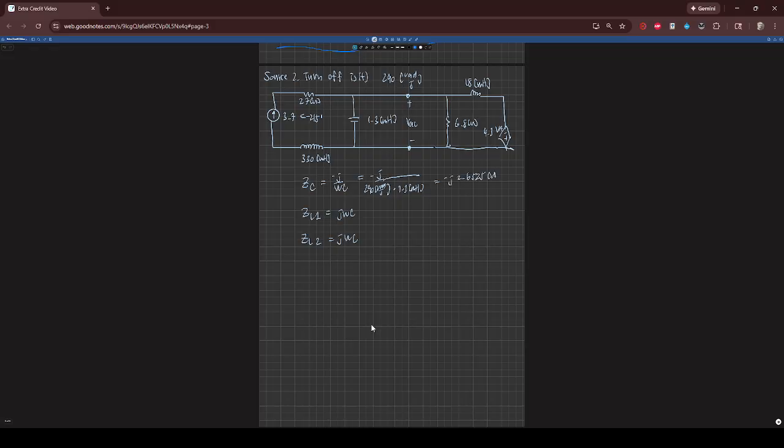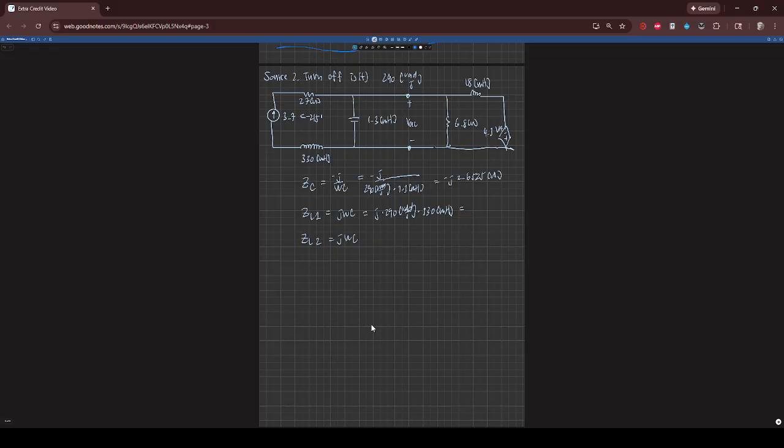And then the other one, 290 times 330 millihenries gives us j 95.9 ohms.